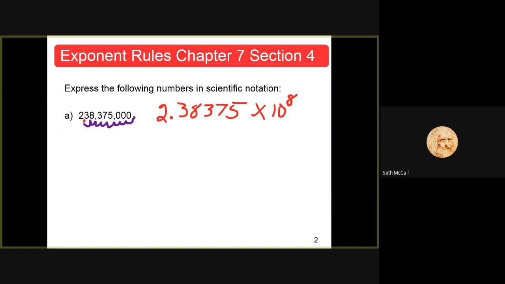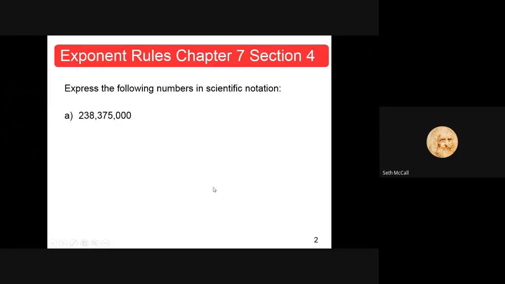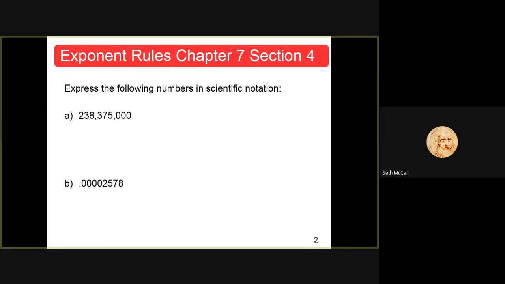All right, let's look at another one. The next one we're going to look at is 0.00002578. That is obviously a very small number. So once again, we need to determine where the decimal point is going to go. It's going to go after the first whole number, so right after the 2, but before the 5.